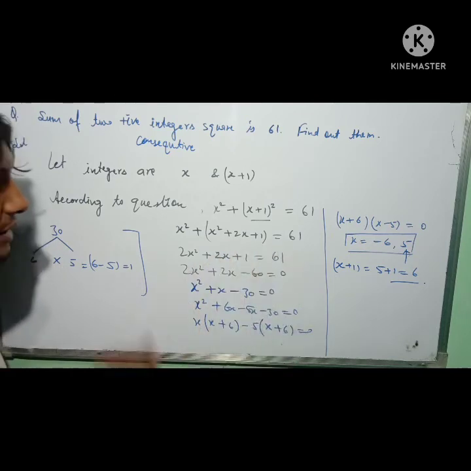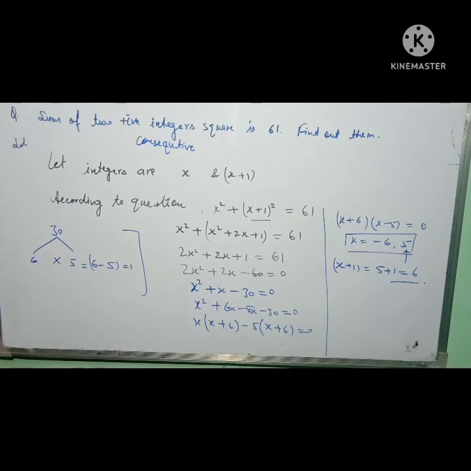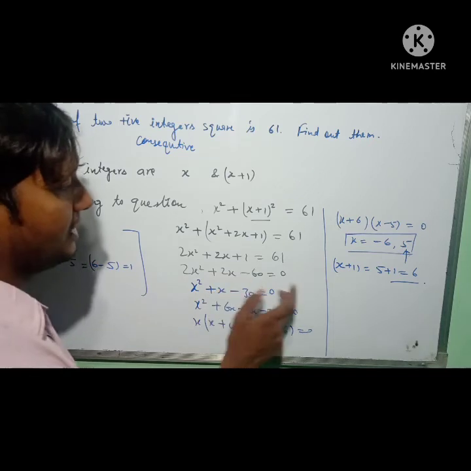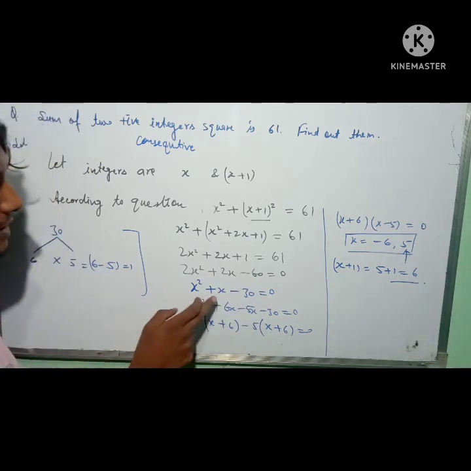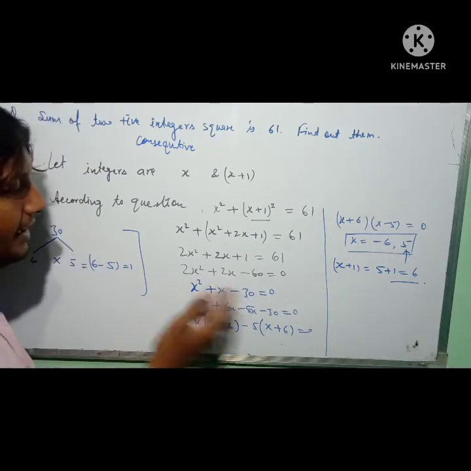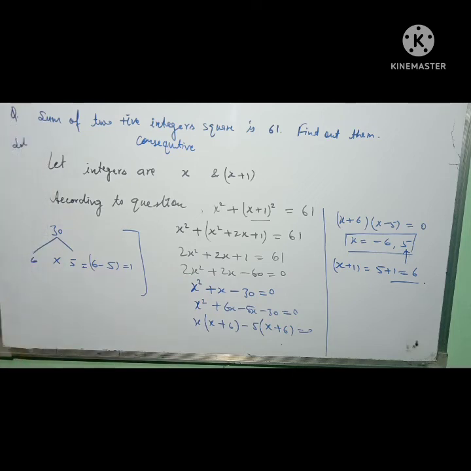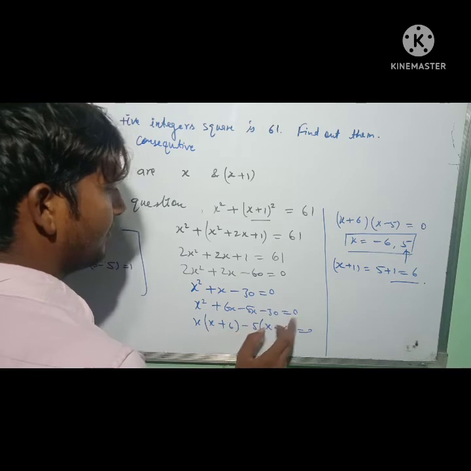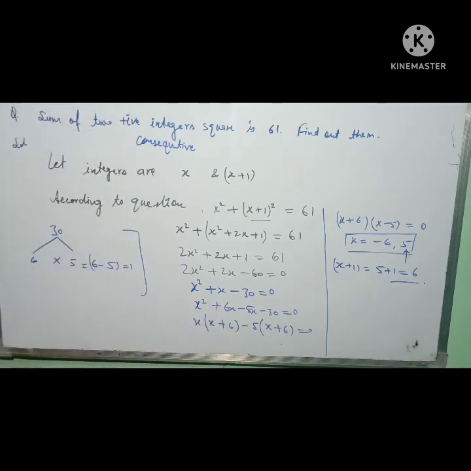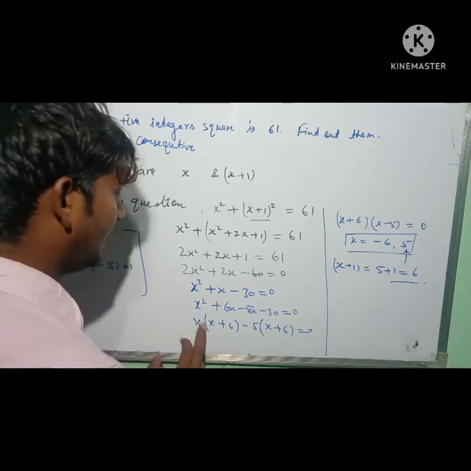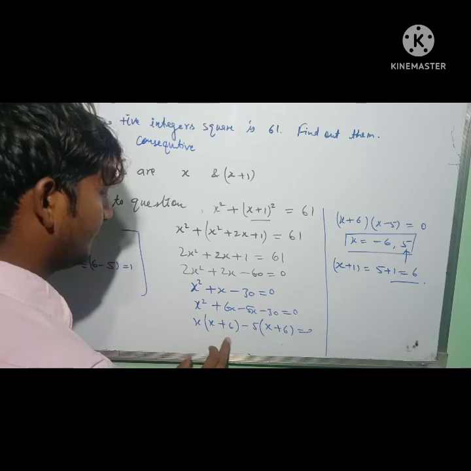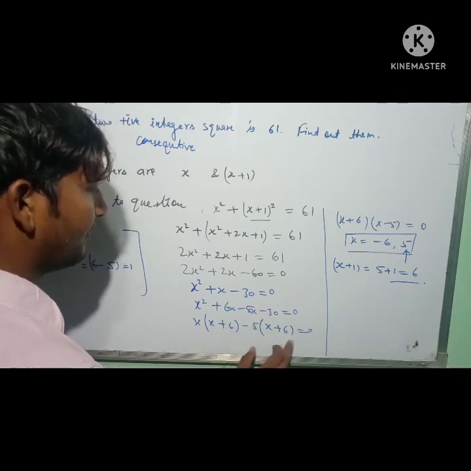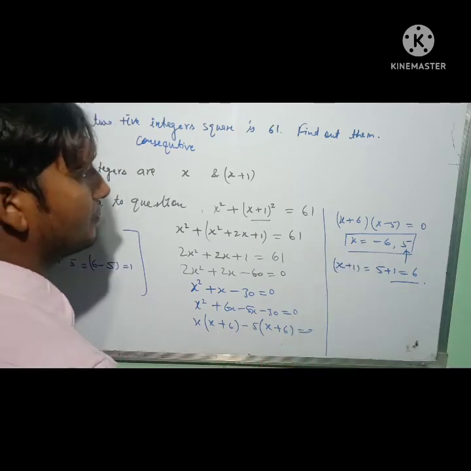61 we will take to the left hand side. So 2x squared plus 2x minus 60 is equal to 0. x squared plus x minus 30 is equal to 0, dividing both the sides by 2. x squared plus 6x minus 5x minus 30 is equal to 0 because 30 has such factors 6 and 5 that make 6 minus 5 equal to 1. x is common in both of them, so x plus 6, 5 is common, minus 5 into x plus 6. x plus 6 into x minus 5.